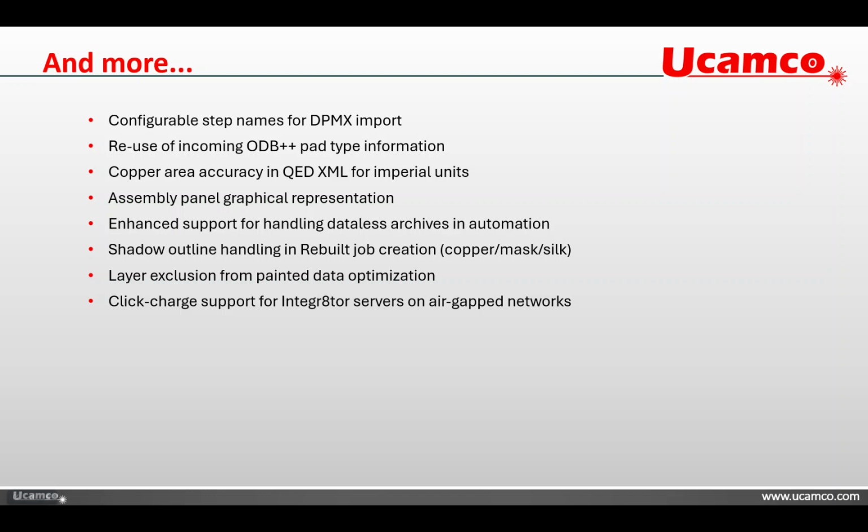So there is a new license by which we can collect the click charge, so the usage, locally on the machine, and that you then send it manually via another system which is connected to the outside world.